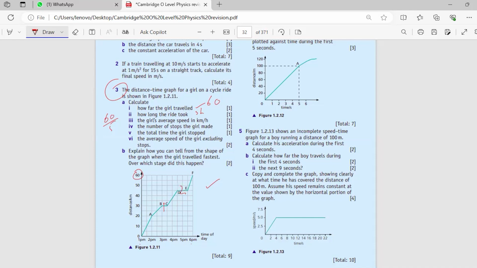The total time the girl stops is 30 minutes and 1 hour, so you will write down 1.5 hours, 1 hour 30 minutes. For the average speed excluding the stopping time, the total distance is 60, and we subtract the stopping time, 5 minus 1.5, that is 3.5. We will get the answer.